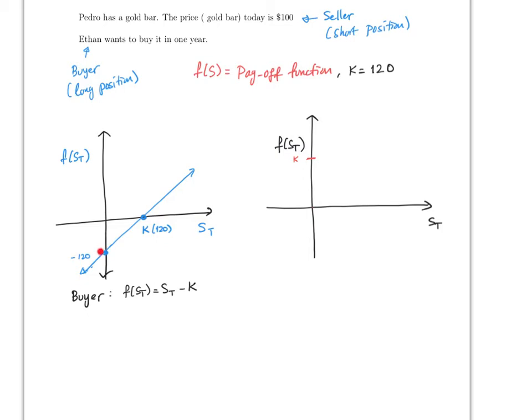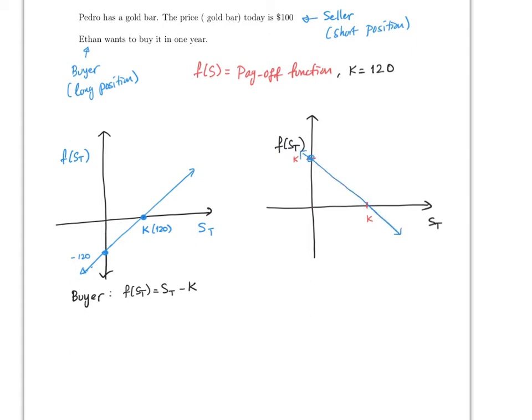So in this case, the seller will make 120. Now, if the value of gold goes over 120, then Pedro is the one that will lose money, because he will be selling something that is worth more than $120 for 120. So in his case, the payoff function will look like this.